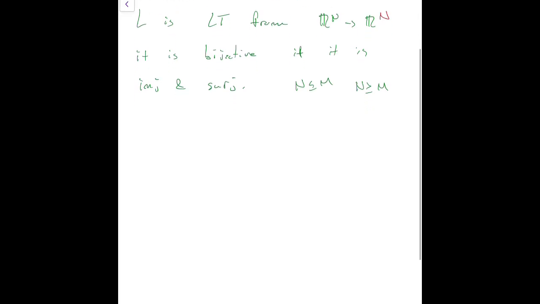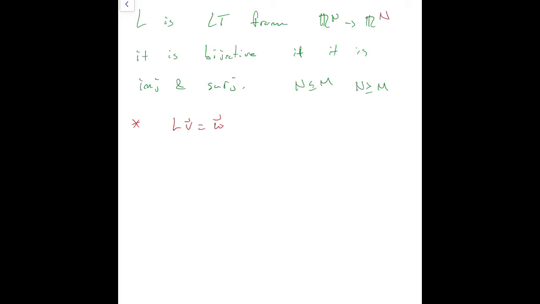So let's think about what some of this stuff means here. This means that the equation LV equals W, well, it's injective, so there is at most one solution. It's surjective, so there is at least one solution.